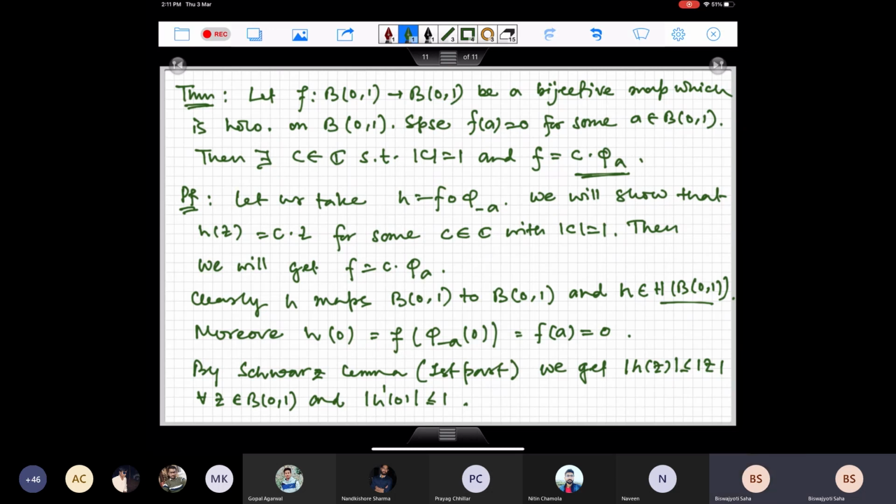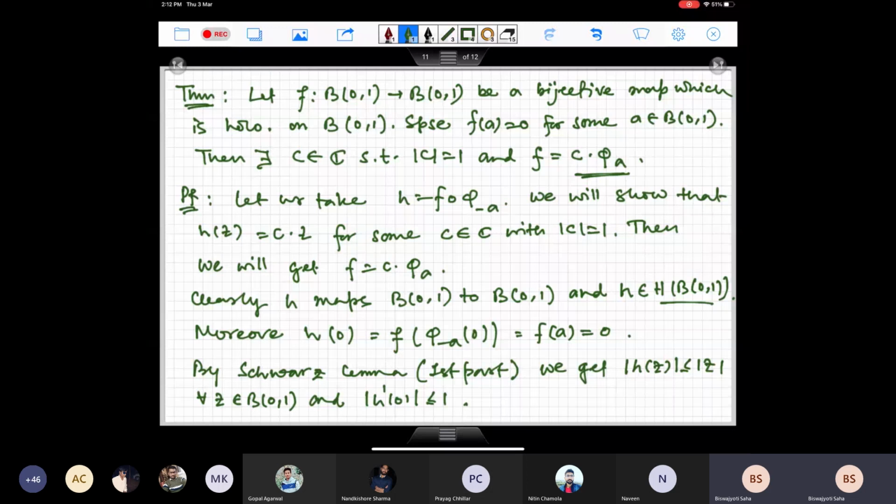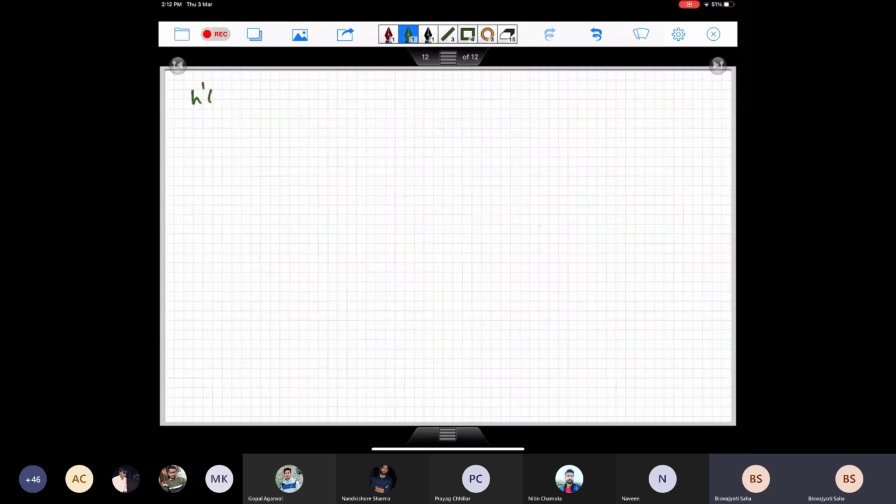Now let us observe what we can do here. Of course, I need to use that F is bijective and all of that, which we have not used so far. First of all, let us observe what this H prime of 0 really is. Since H is F composed with phi minus A, I can use the chain rule.